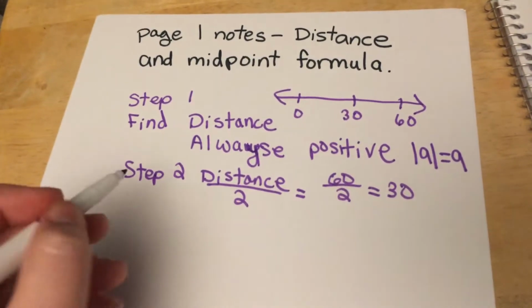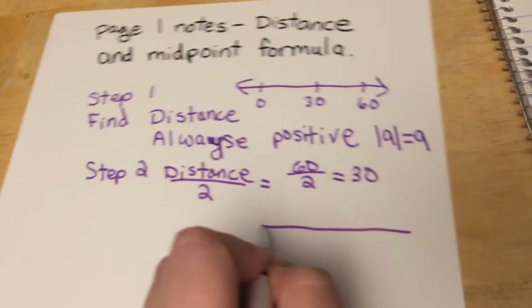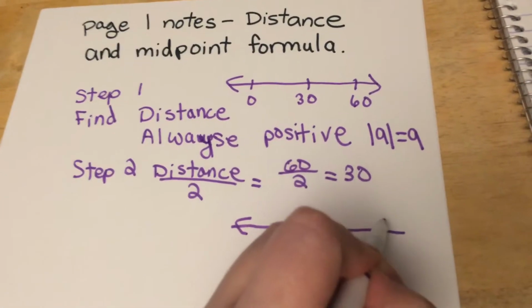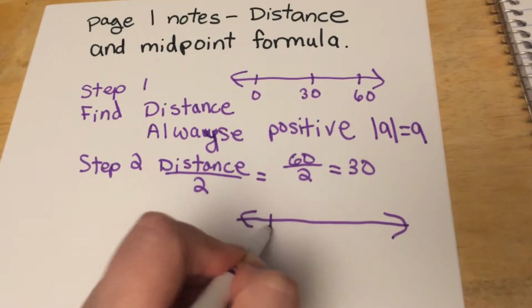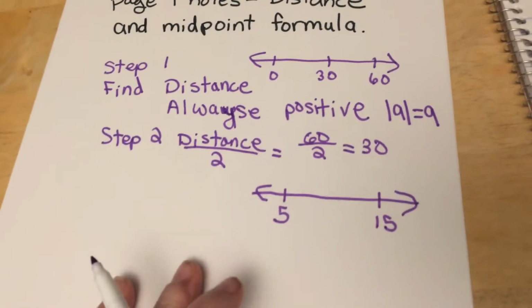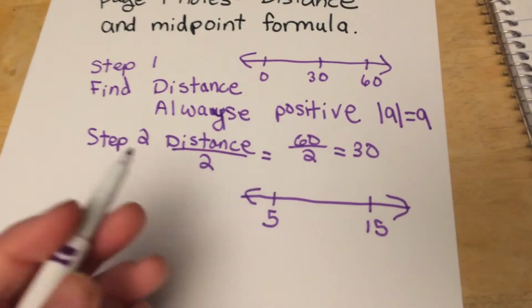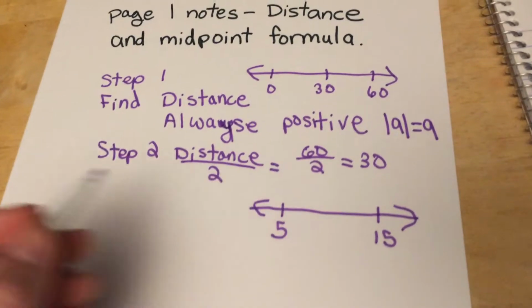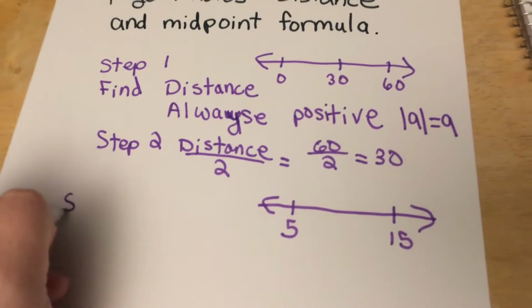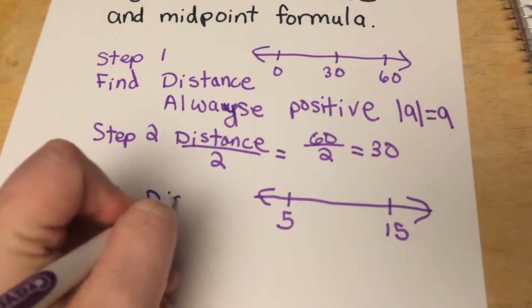So we had the other number line, and I said, let's go from 5 to 15. You could tell me just by looking at it that the midpoint was 10. But I said, how do we get there mathematically? Again, we had our step 1, which needed our distance.